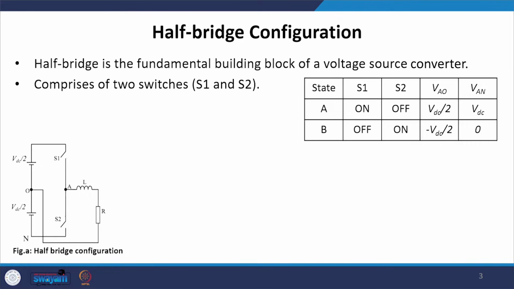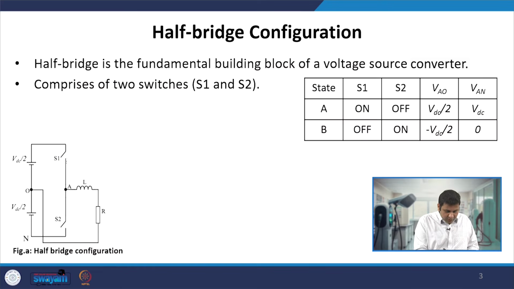So let us understand the concept of PWM. Before that, we know that mostly we are dealing with voltage source converters, and in a voltage source converter it is the half bridge configuration which is the fundamental building block. Using the half bridge one can build the buck converter, boost converter, buck boost converter, single phase AC DC converter, 3-phase AC DC converter, single phase DC AC converter, and 3-phase DC AC converter.